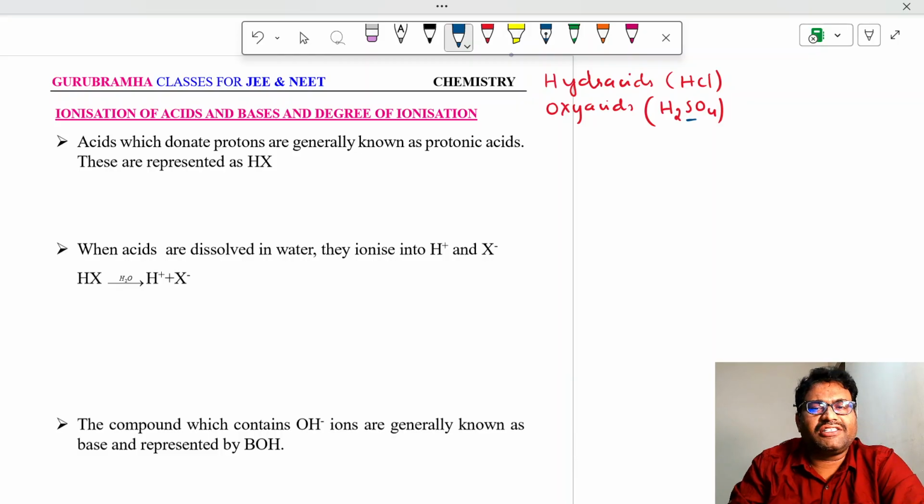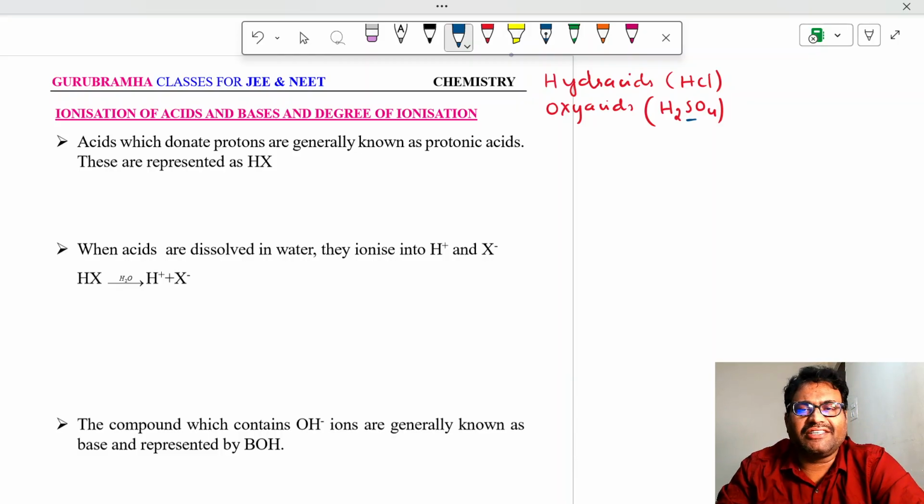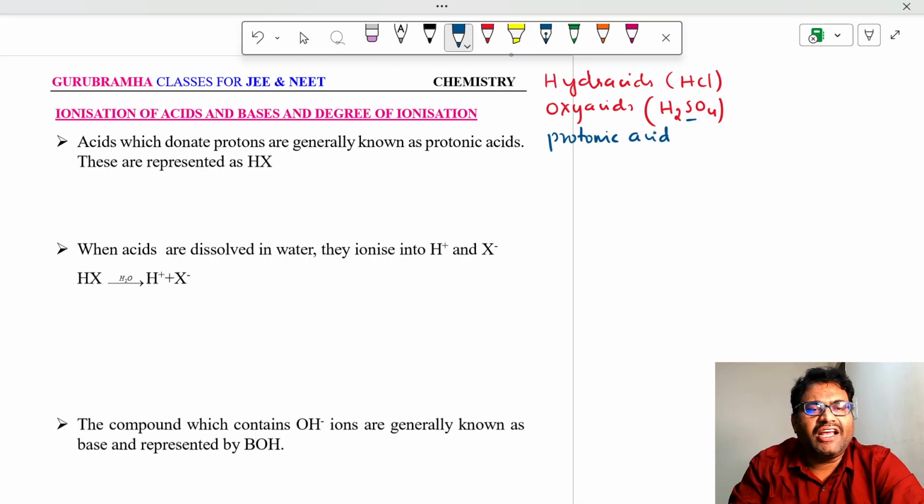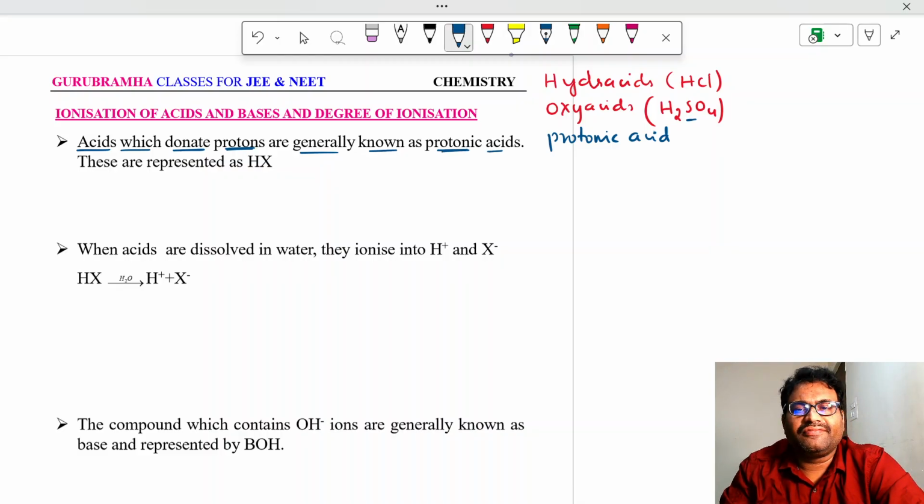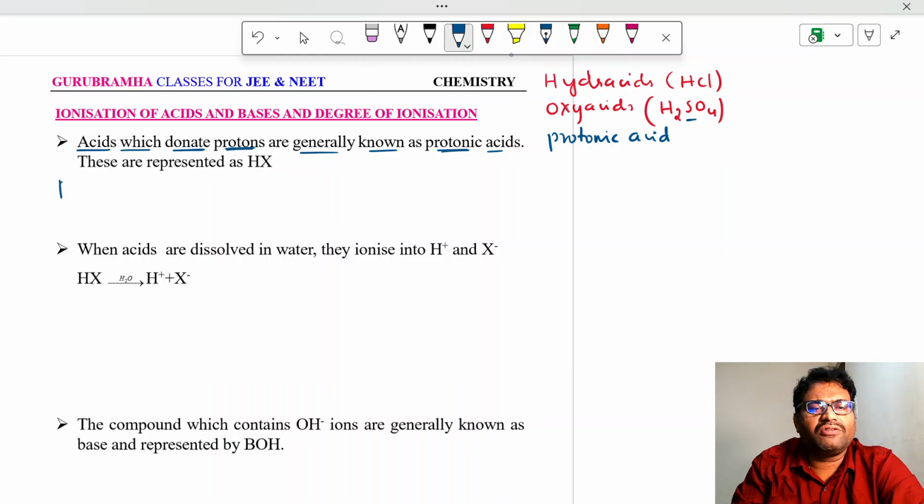Here, let us see protonic acid. What is meant by protonic acid? Acids which donate protons are generally known as protonic acids. So what is a proton?